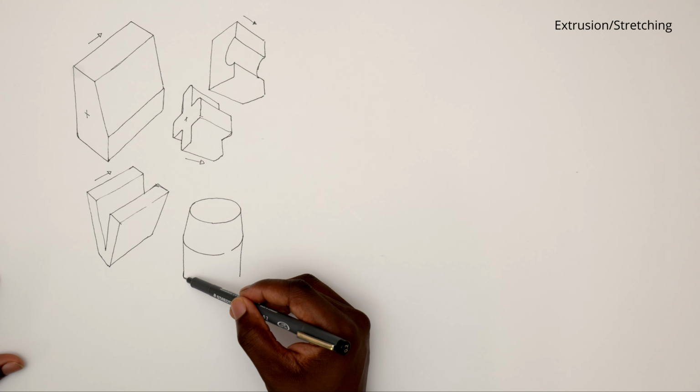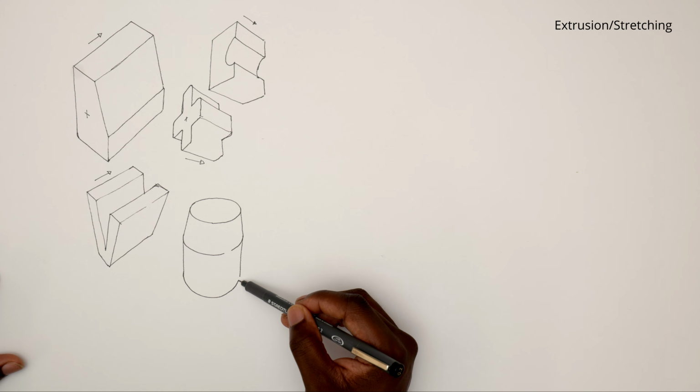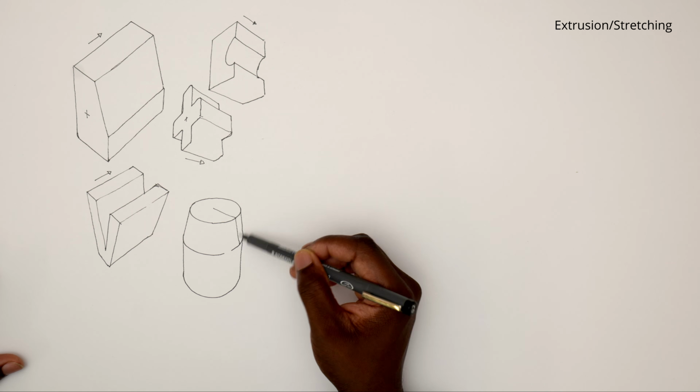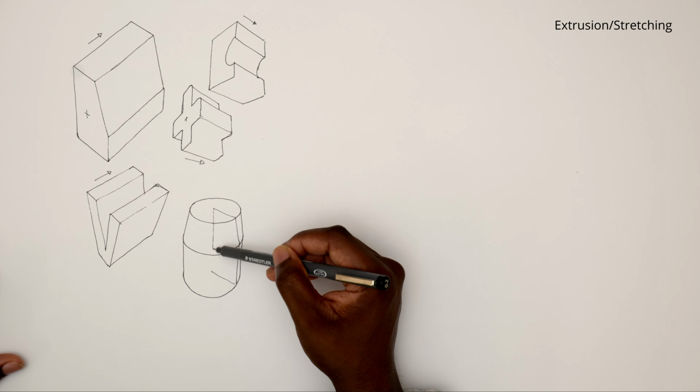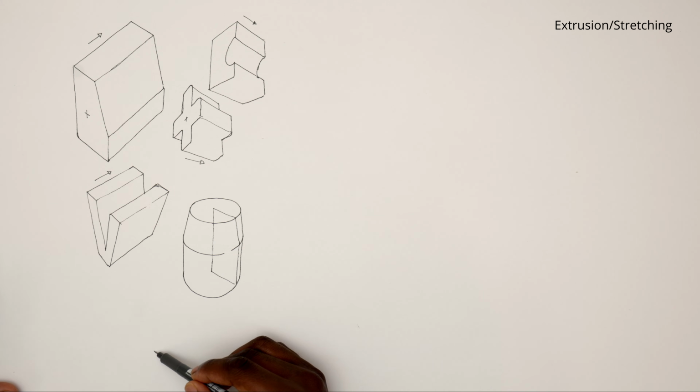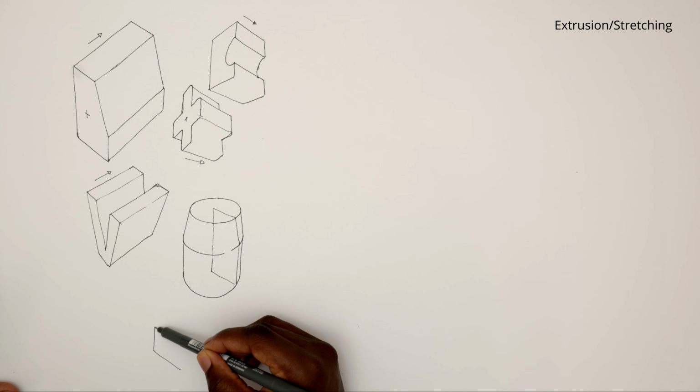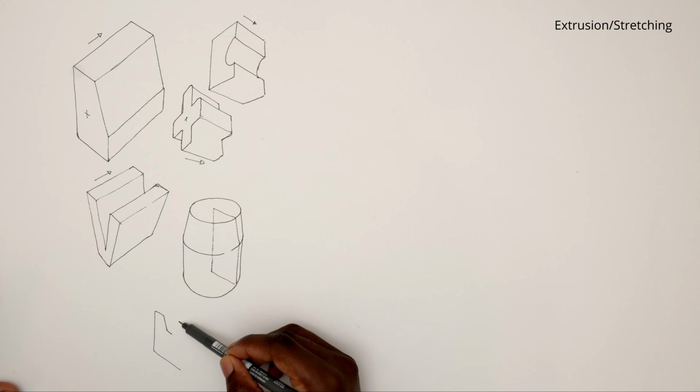So there's three ways I go about this. There's three main operations, and that would be extrusion, adding, and subtracting. Another way of saying it would be stretching, clipping, and joining, right?